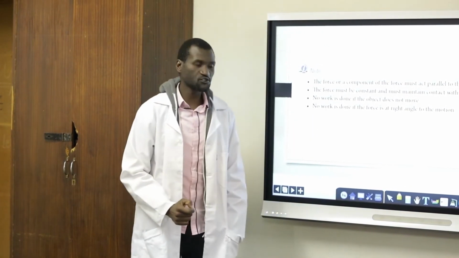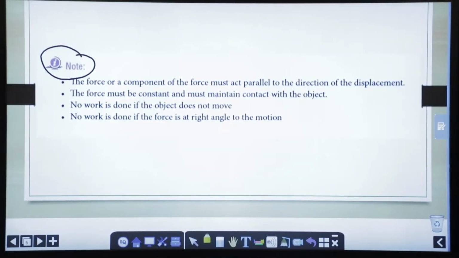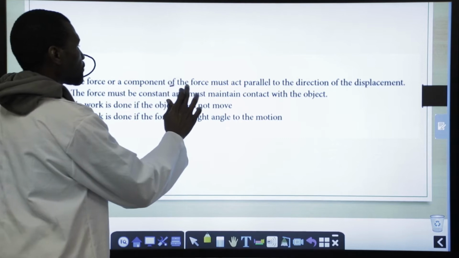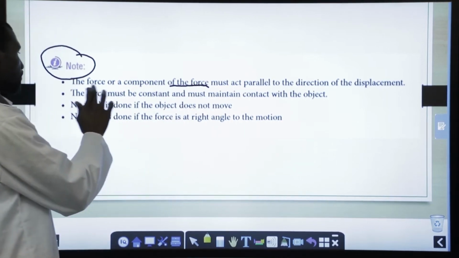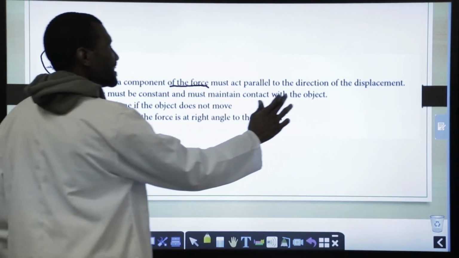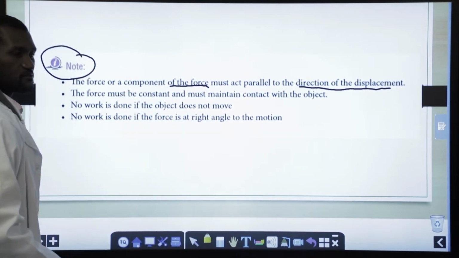There are a few things to note. This is coming from our workbook. You must note that the force, or a component of the force, must act parallel to the direction of the displacement.